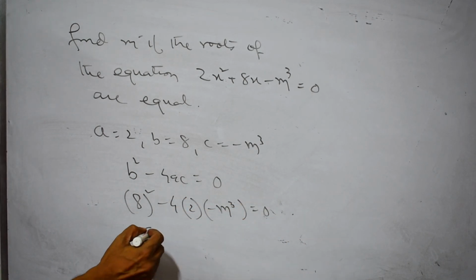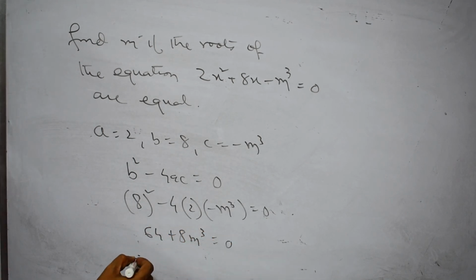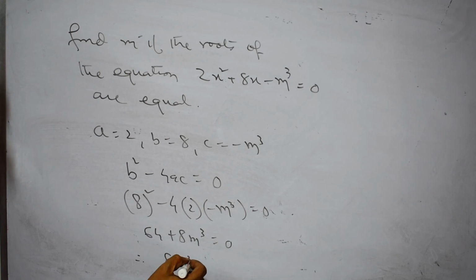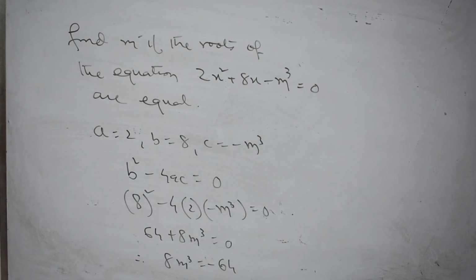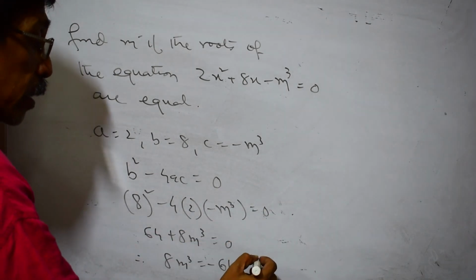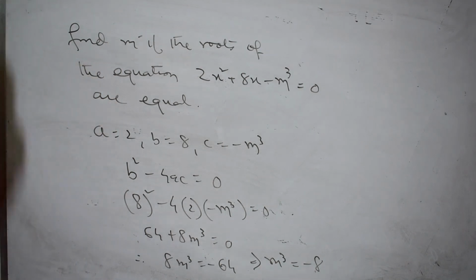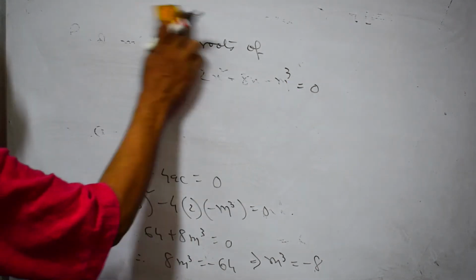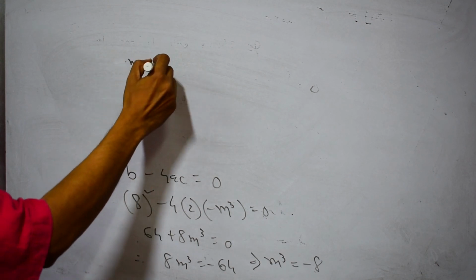What is coming? 64 plus 8 m cube is 0. Therefore 8 m cube is equal to minus 64, so m cube is equal to minus 8, and m is equal to minus 2, because minus 2 multiplied 3 times gives minus 8.